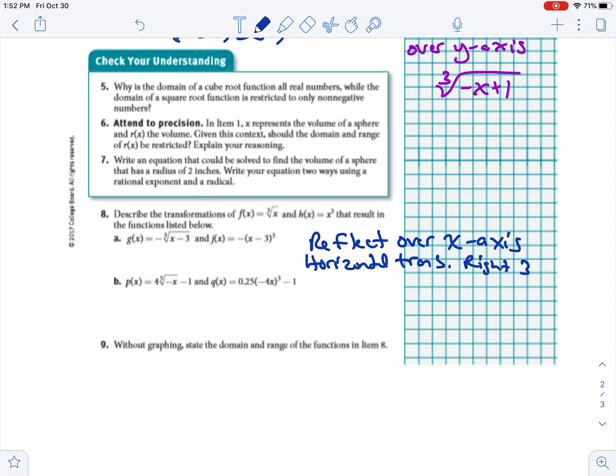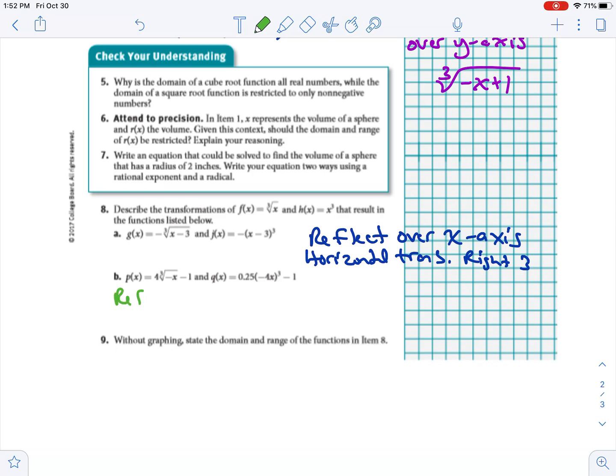Okay, in part B, let's just do the first one. We have an inside reflection, so that is going to be a reflect over y. And then we have a vertical translation.